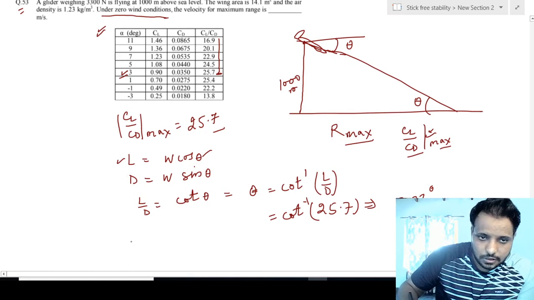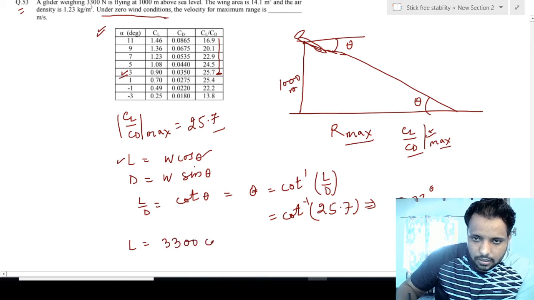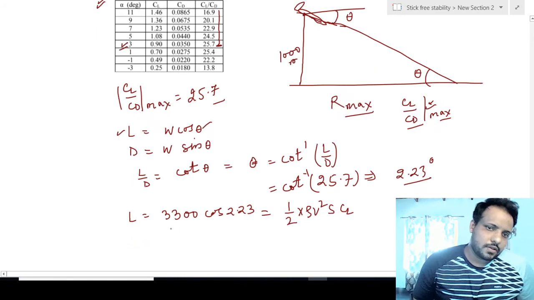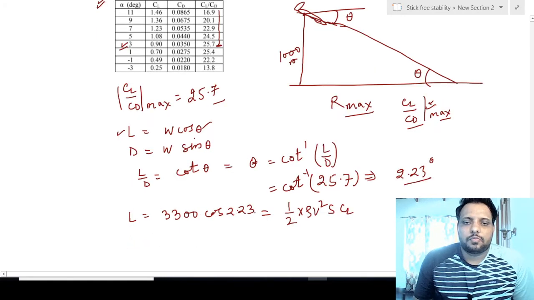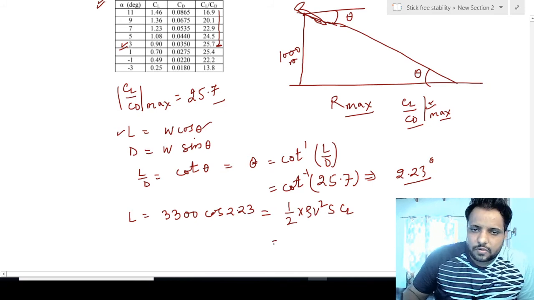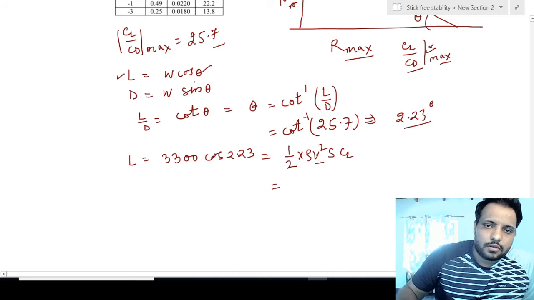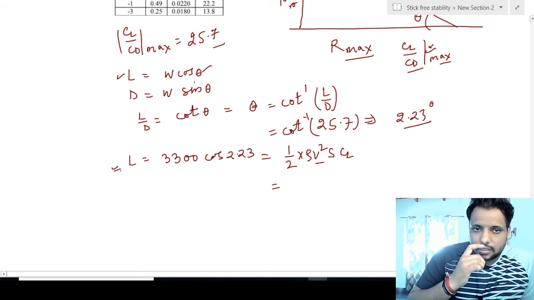So lift is equal to W cos theta, 3300 cos 2.23, which is equal to half rho V square S into CL. So we'll put in the values given. This is the equation, and we need to find out the velocity required for this particular condition.